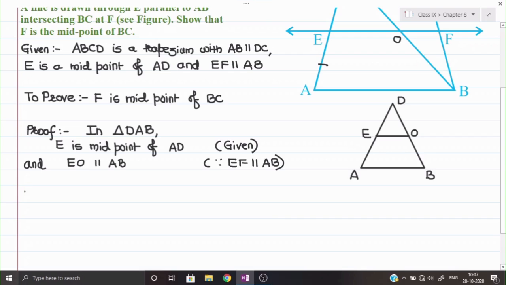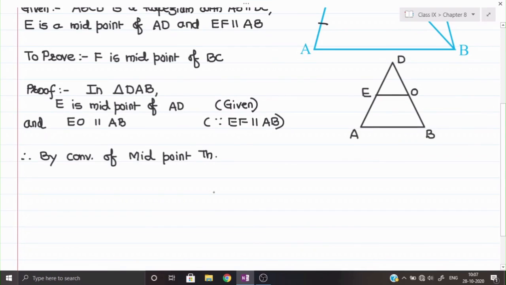So now we will write down, therefore by converse of midpoint theorem, the remaining point, O, will also be the midpoint of the respective side. We can say by converse of midpoint theorem, O is midpoint of side BD. That one important result we have now achieved.